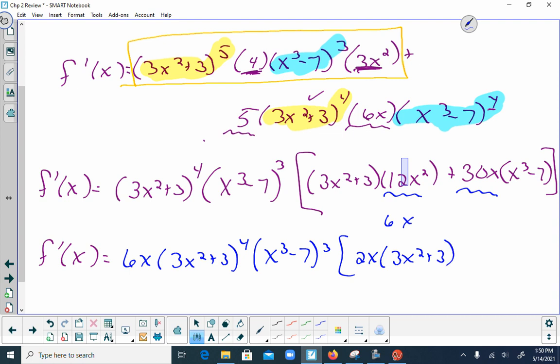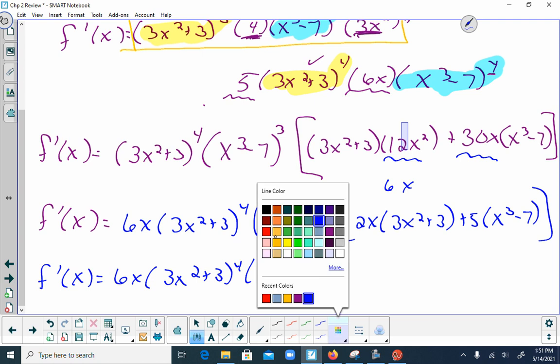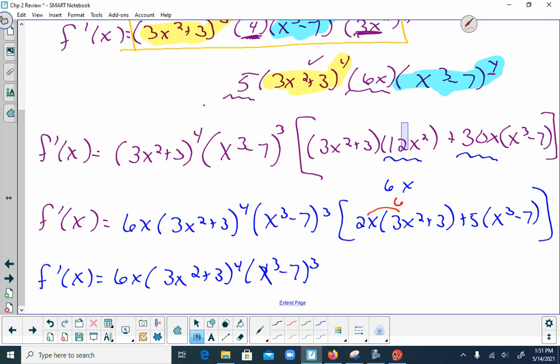And if I factor out 6x, I'm going to be left with 5 times x to the 3rd minus 7. So this will be 6x to the 3rd plus 6x plus 5x to the 3rd minus 35.